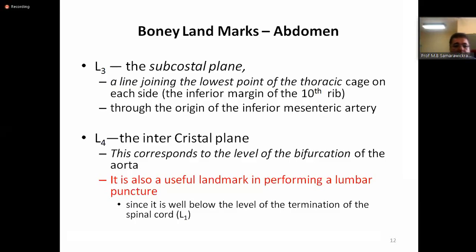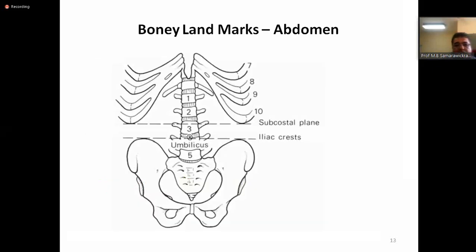That means below the L1 level. To identify that level, you can surface mark the L4 vertebra by palpating the iliac crest, and then you do this lumbar puncture between the L3 and L4 vertebrae.